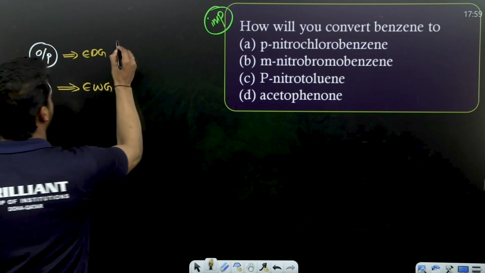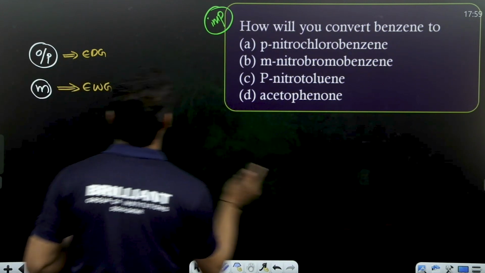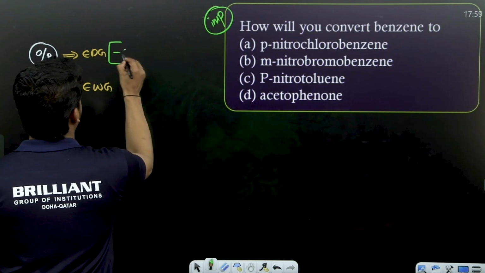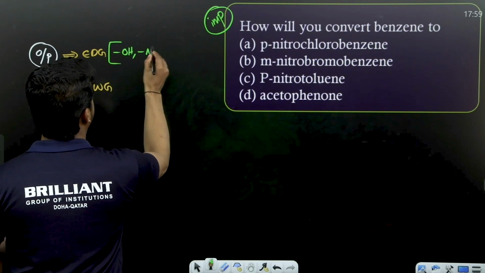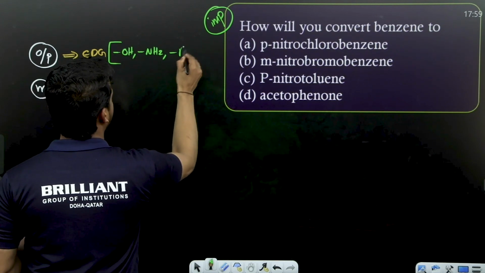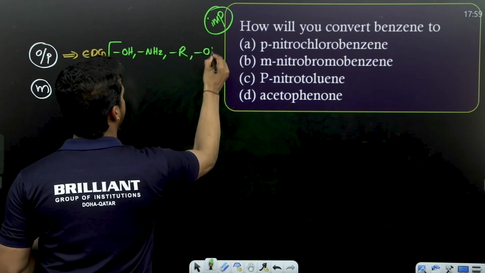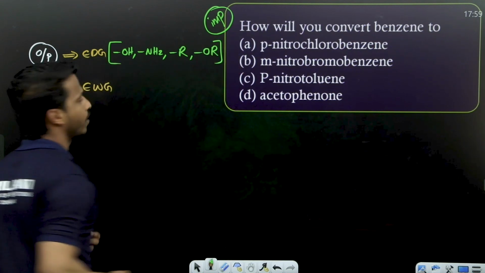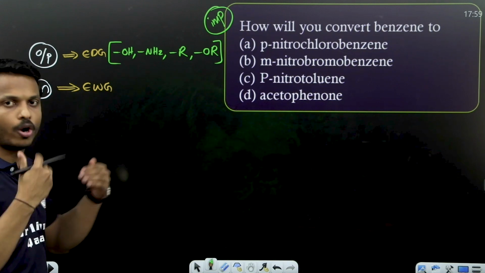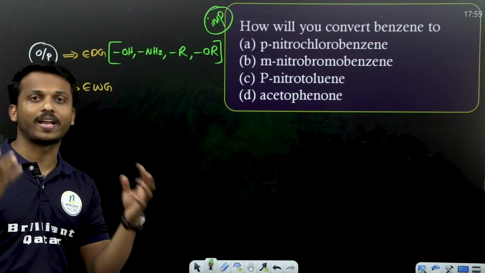Please note the list. Which are ortho, para and meta? Alcohol, amines, any alkyl group, any alkoxy group, etc. These are all electron donating groups and ortho, para directing groups.